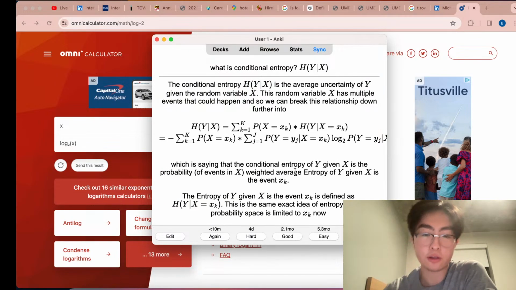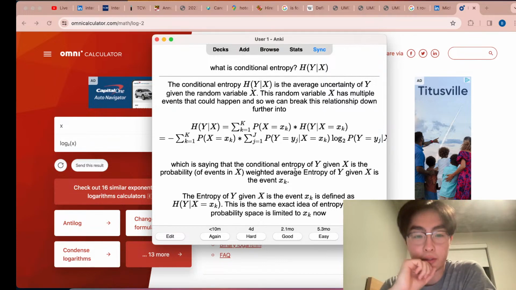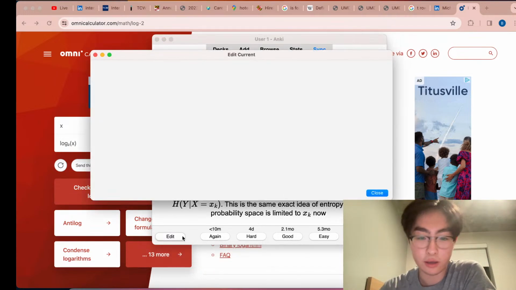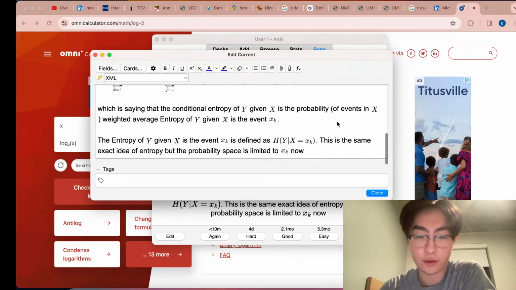Which is saying the conditional entropy of Y given X is the probability-weighted average entropy of Y given X is the event.